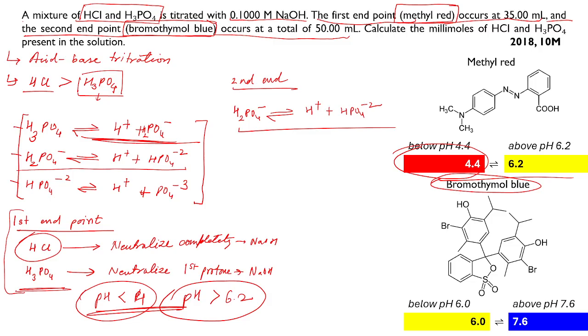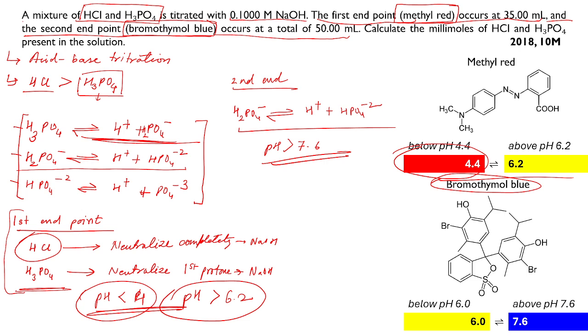See, at pH around 6 this is going to give a yellow color, but again when this is neutralized the pH is going to increase further and obviously it is going to cross the pH of 7.6, and once this pH is crossed the color of the solution is going to change from yellow to blue. So here three color changes you are able to observe.